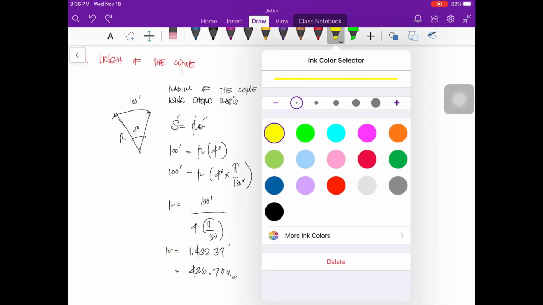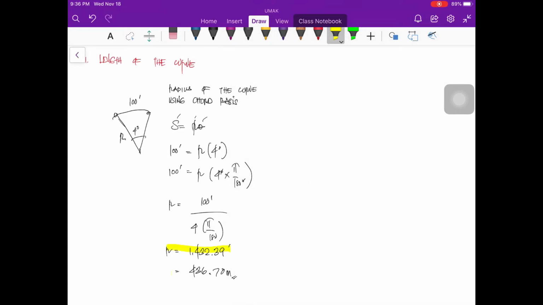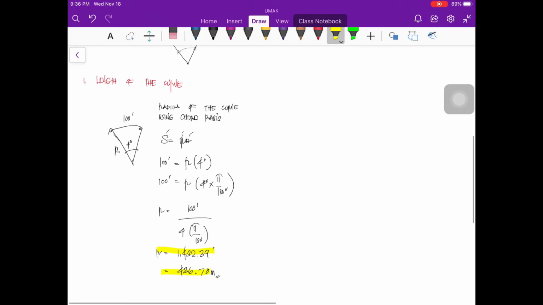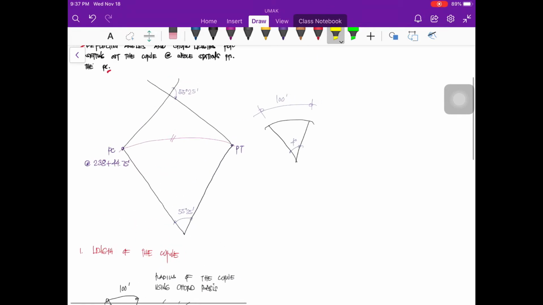But actually the problem is asking for the length of the curve. Given the value of the R, let's look at the bigger scale, since this one is 55 degrees and 25 minutes.